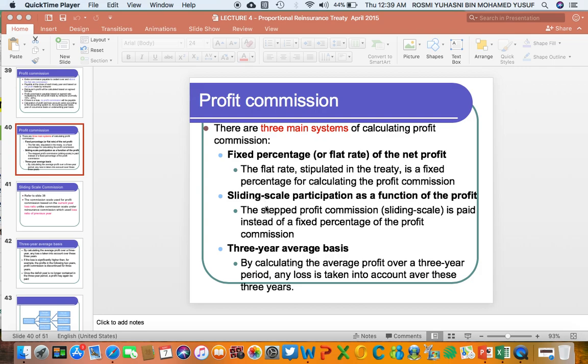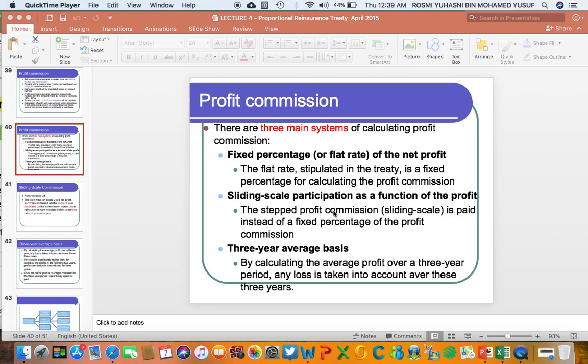The second type of profit commission is called sliding scale as a function of profit, or sliding scale profit commission. This type depends very much on the loss ratio. Remember the scale that I've shown you from the previous video? If the loss ratio is very high, the rate of profit commission will be very low.